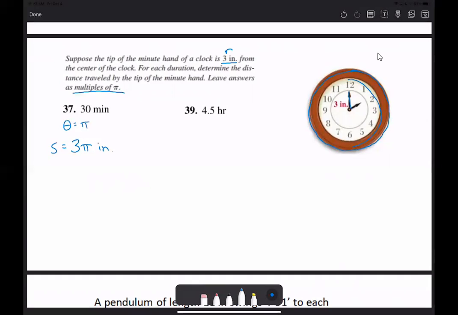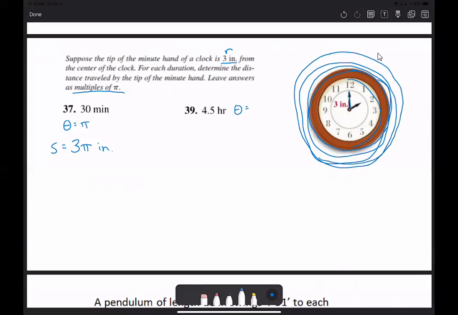Now to determine 4.5 hours, this angle means 4 times around, 1, 2, 3, 4, and then halfway. So to determine this, let's just take 4.5 and multiply that by 2 pi, which we know 2 pi is one rotation around a circle, which will give us an angle of 9 pi.